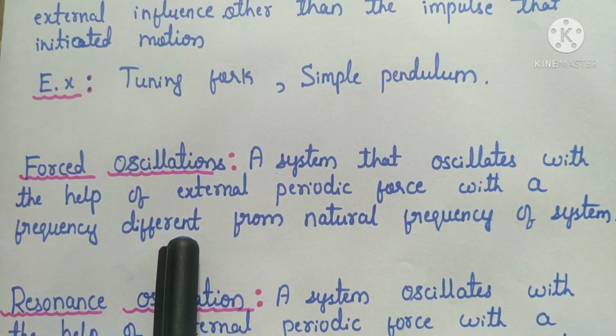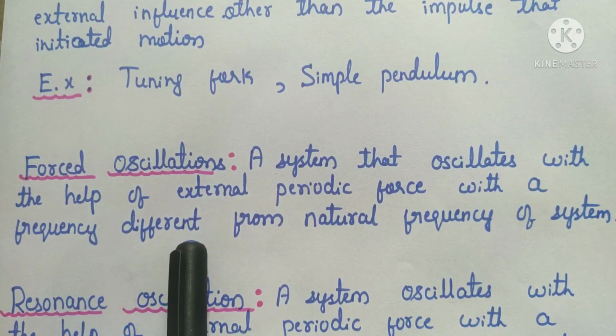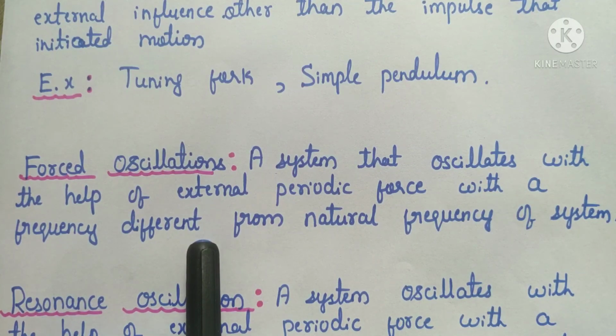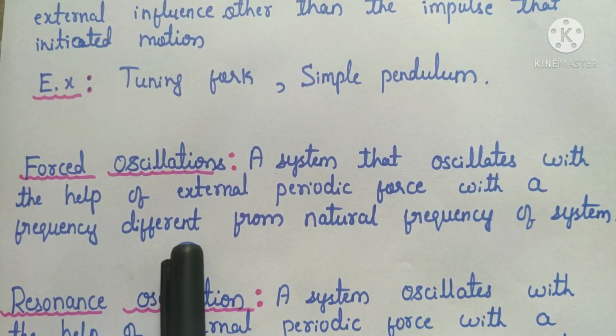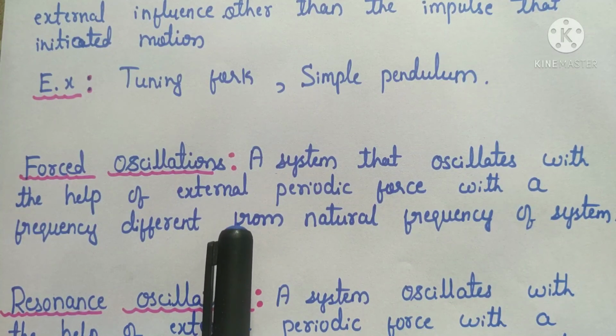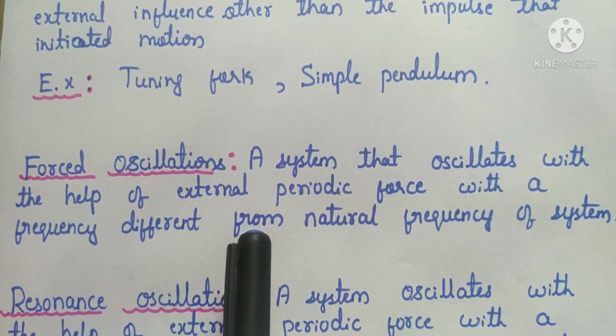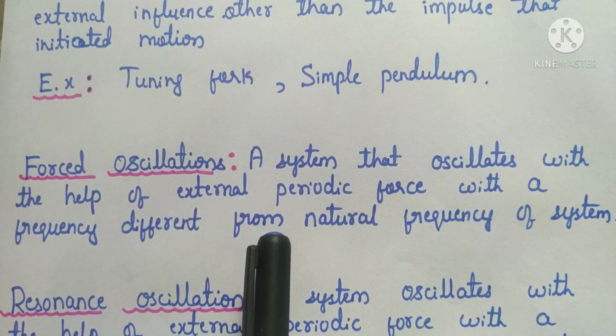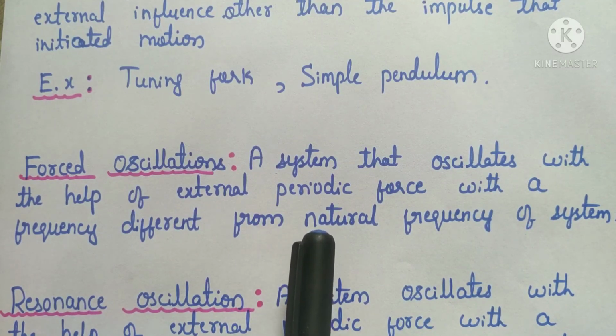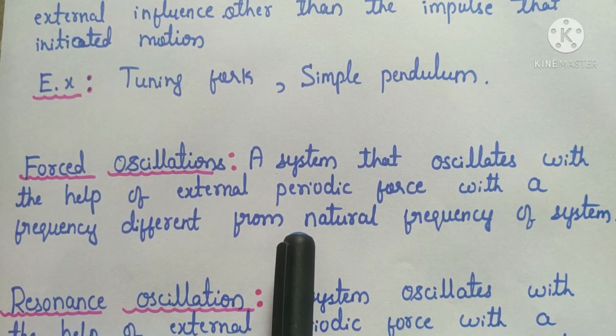If you take the example of a tuning fork and strike it on a rubber pad, the prongs of the tuning fork start to vibrate. And if you press the stem of the tuning fork on a table, the frequency of the tuning fork is transferred to the particles of the table, so the particles of the table start to vibrate.